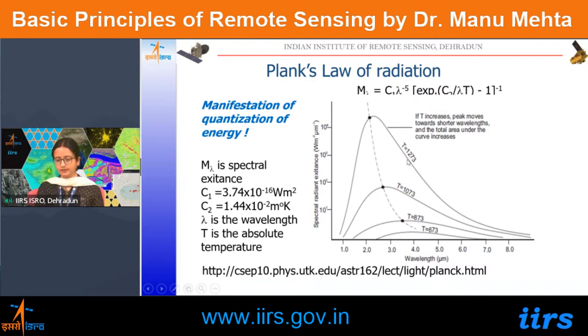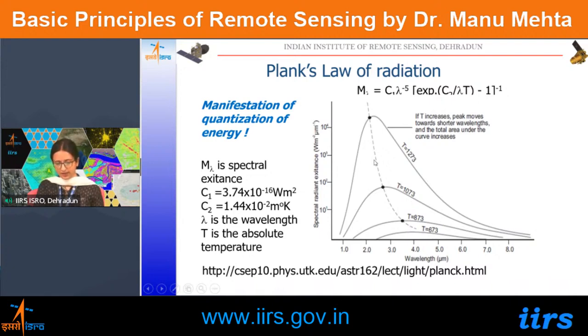Similarly for all the temperatures, you can see that the spectral radiant excitance increases with increase in wavelength, reaches a wavelength where peak emission takes place. This is called the wavelength of peak emissivity, where the object emits its maximum. Then it starts falling down again.